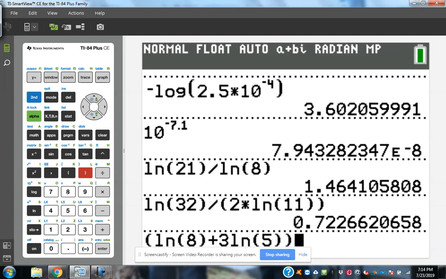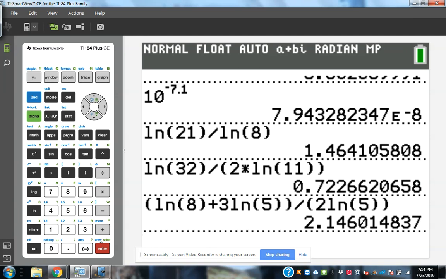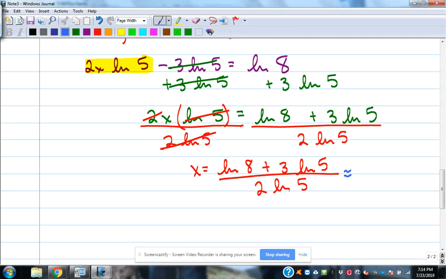That's the top part. Okay. Divided by parentheses 2 natural log of 5. That's the bottom part. All of that stuff just turned out to be 2.1460.